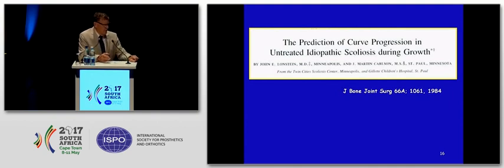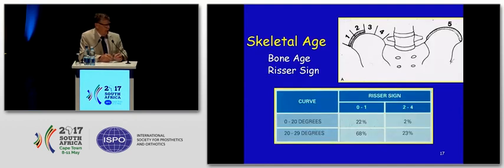In a study published in 1984, the principles of the relationship of curve progression and growth were documented. Here, we can see that curves that are on the lesser side, 0 to 20 degrees, if the child is young, risks are assigned 0 to 1, their potential for progression is 22 degrees.